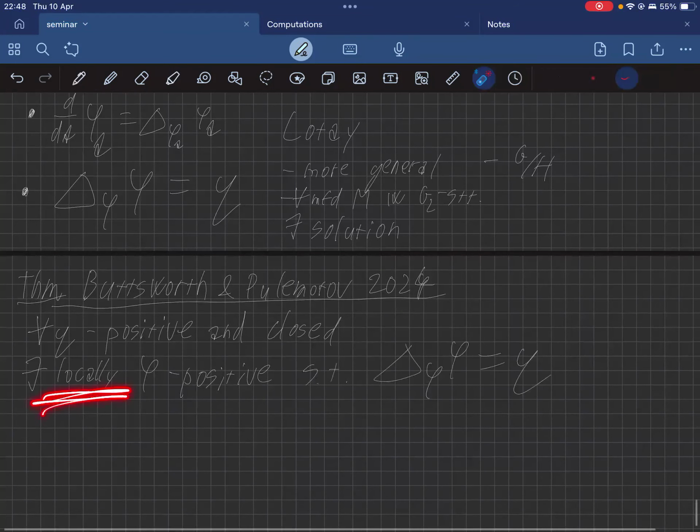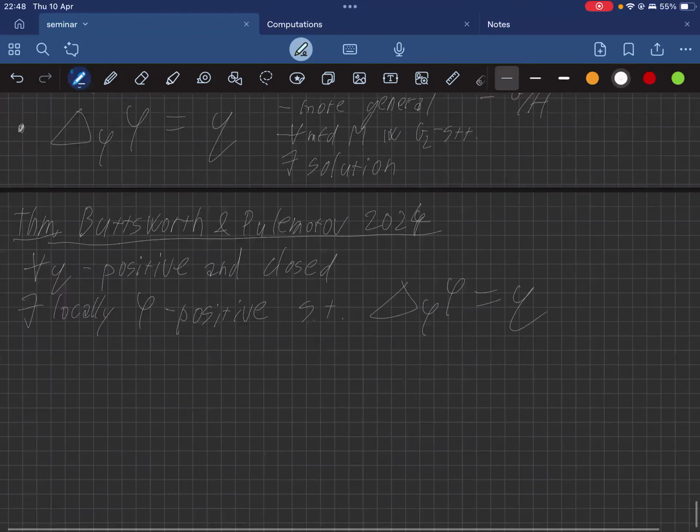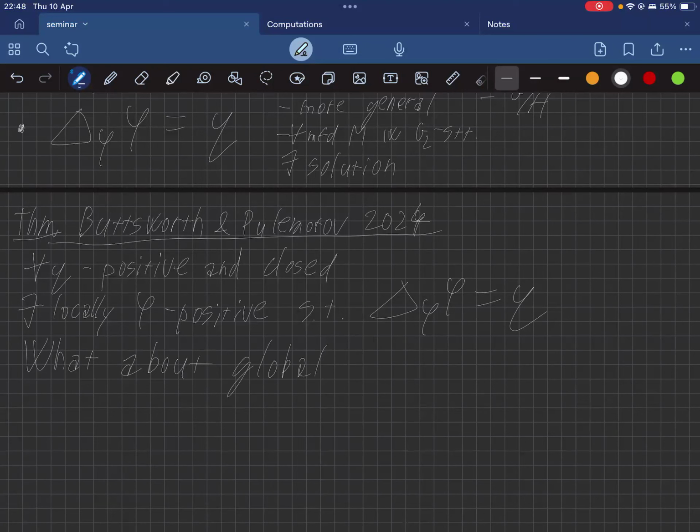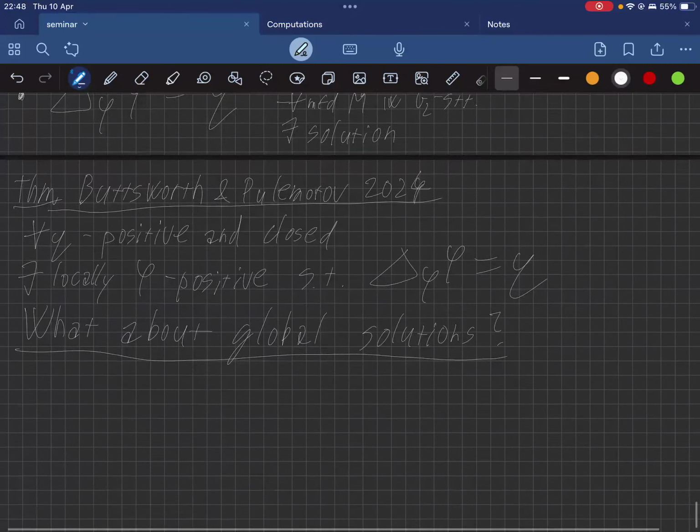Mind you, this is only a local result, but it works for any positive and closed right-hand side. So now the question becomes: what about global solutions? And that's exactly what we have done.